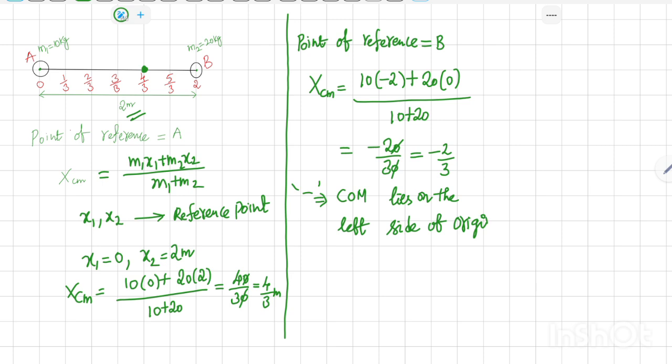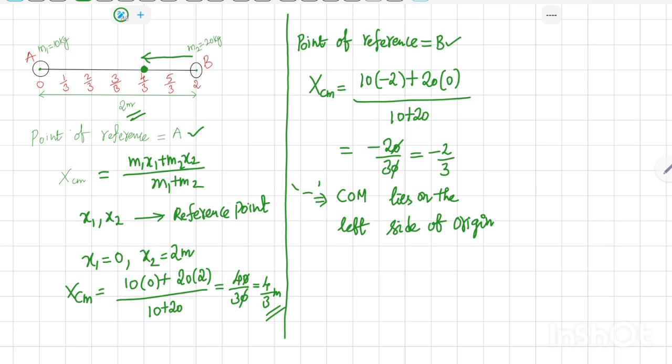And if you observe the value 2 by 3, from B if you move 2 by 3 units towards left, you get this point only. Previously we got 4 by 3 and we got this point as the center of mass. Now we got minus 2 by 3, so we got the same point. I changed the reference point from A to B. Even though the reference point is changed, the center of mass position is not changed.